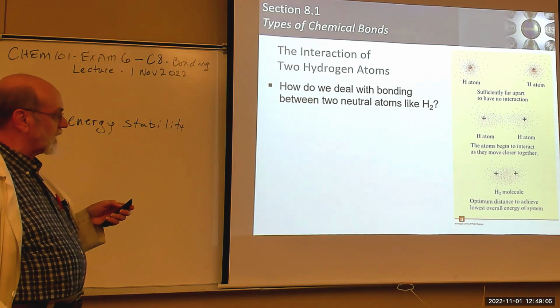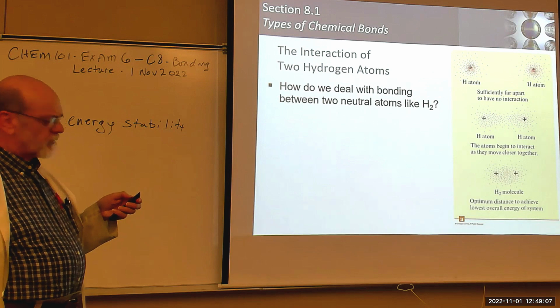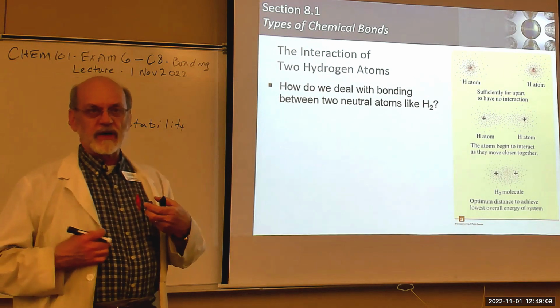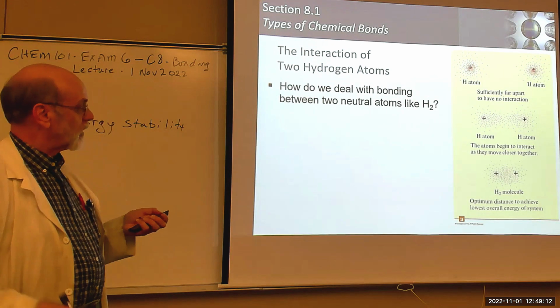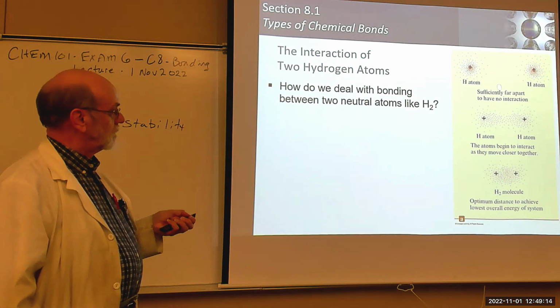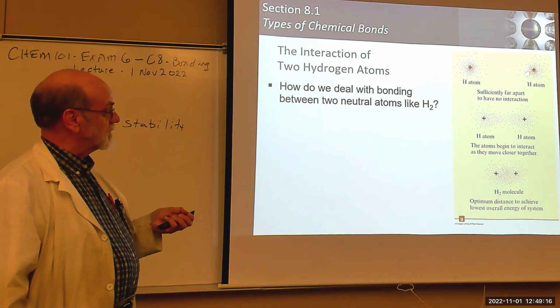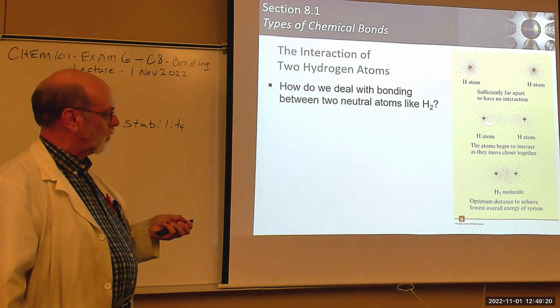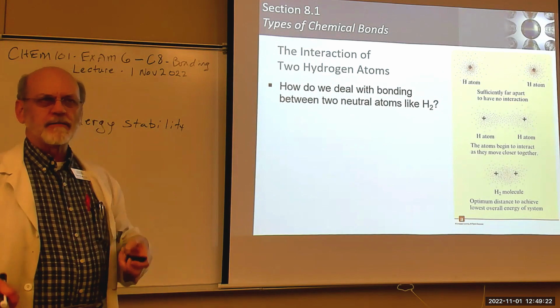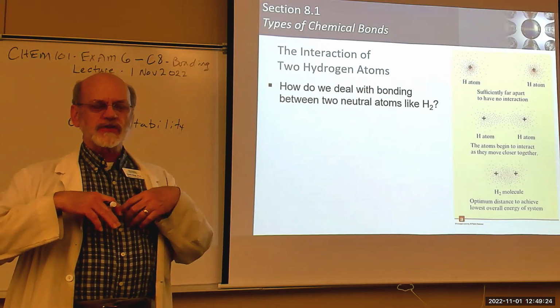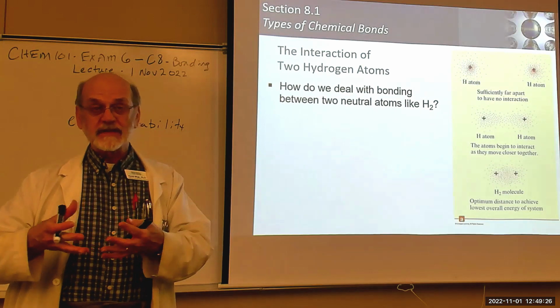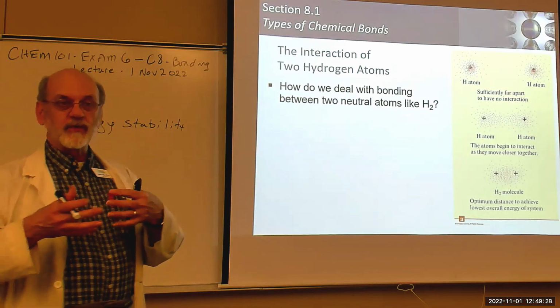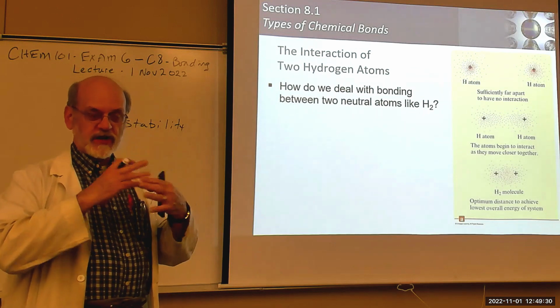What you get is a sharing, or in terms of what we've learned so far about orbitals, an overlap. Here are the free atoms, and they come closer and closer, and you start to get an overlap of the orbitals. So you have a larger space, a larger probability that's available for the electrons that are shared.